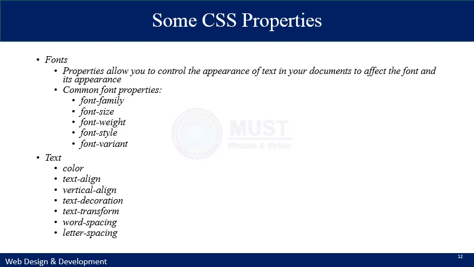Vertical alignment can be from top, middle, bottom, etc. Text decoration can specify whether the text should be underline, overline, line through, or blinking. Word and letter spacing specifies the space between the words and letters in pixels.